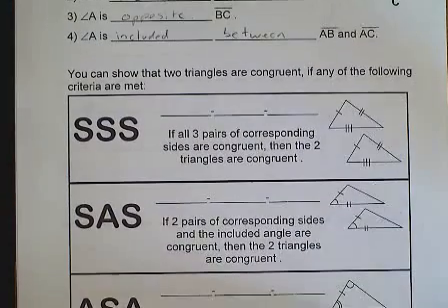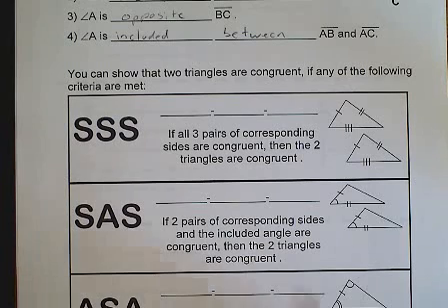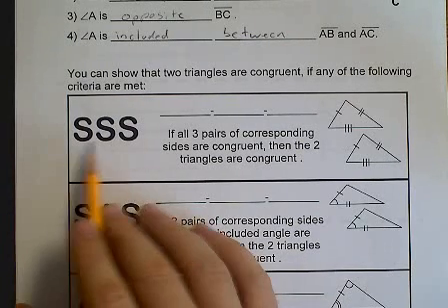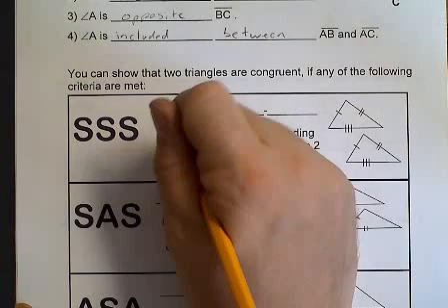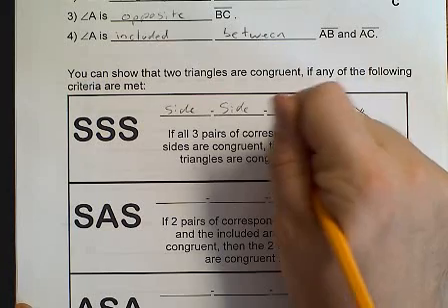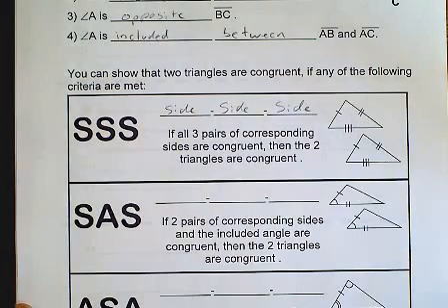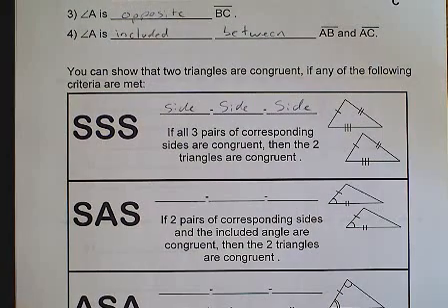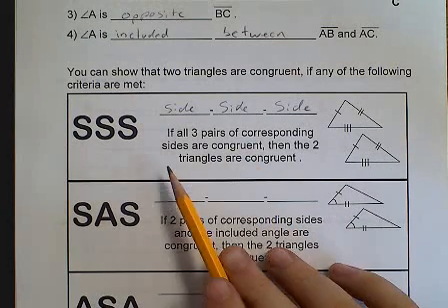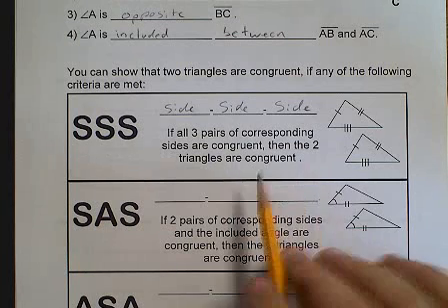Now, we can show that two triangles are congruent if any of the following are correct. Our first theorem is called SSS, which stands for side, side, side. And it basically says that if all three pairs of corresponding sides are congruent, then the two triangles are congruent.